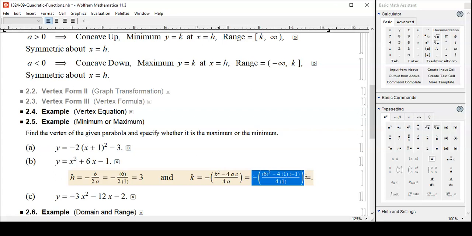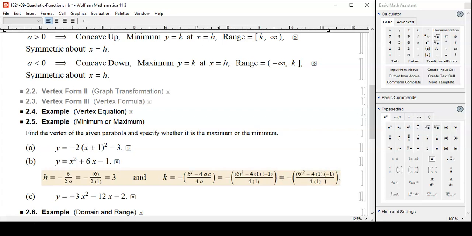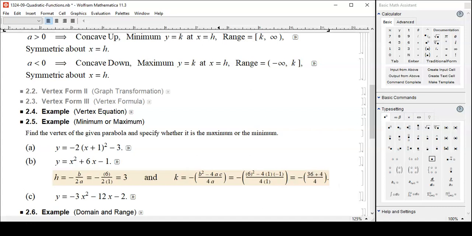Let's see. The denominator is 4, and here 6 squared, that's 36. 4 times 1 times negative 1, that's positive 4. So we get 36 plus 4, that's 40. 40 over 4. Looks like we are getting negative 10.